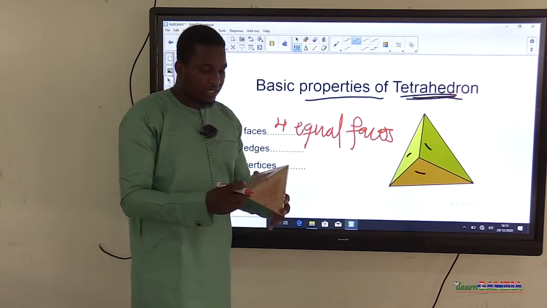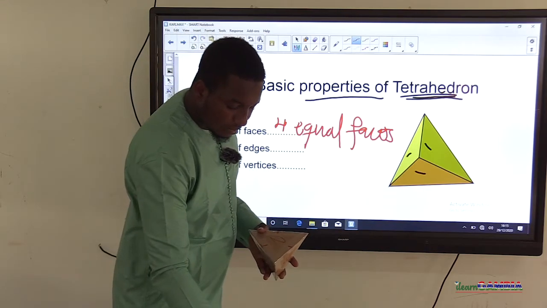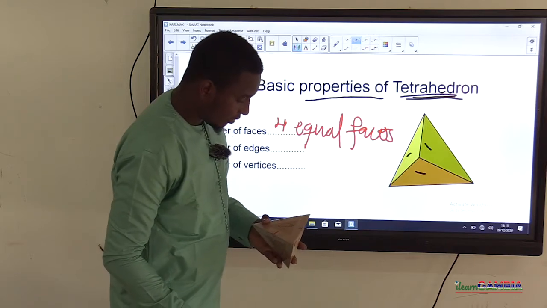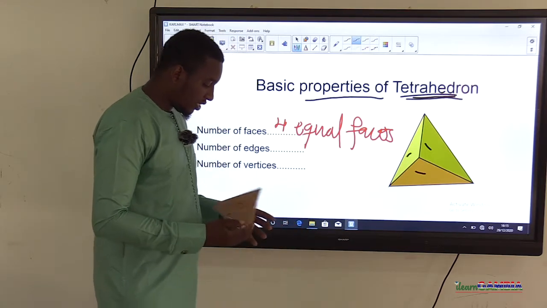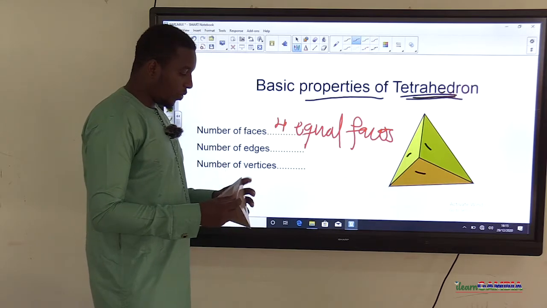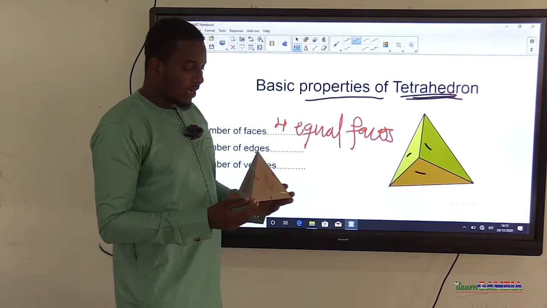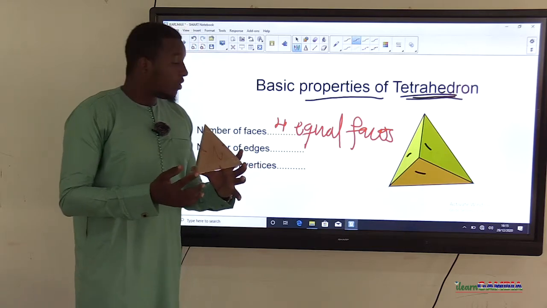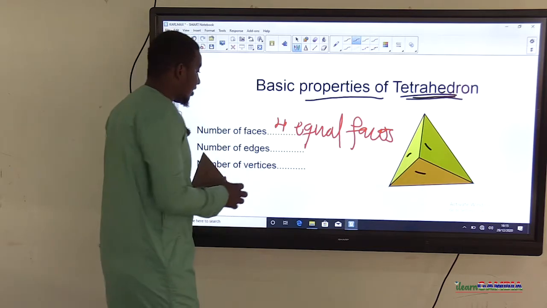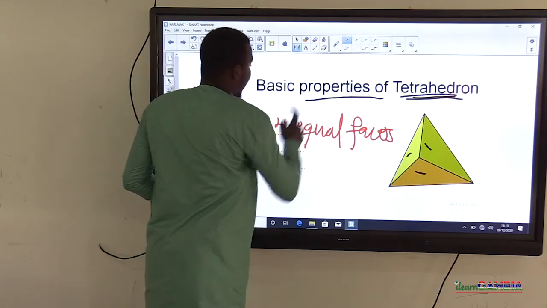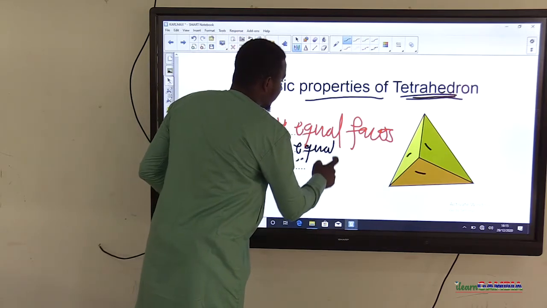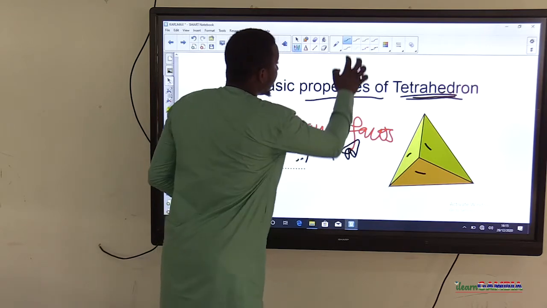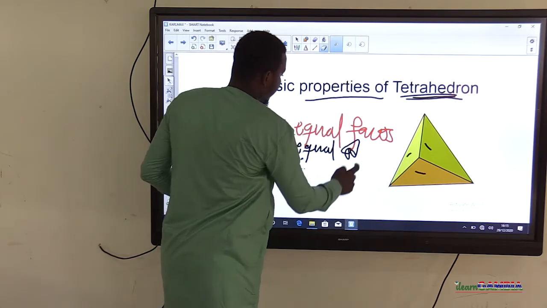So we have 6 what? 6 edges. We said the place where 2 faces meet is referred to as an edge. So when we count the number of edges that a tetrahedron has, we realize that it has 6 edges. Remember, there are 6 equal edges.